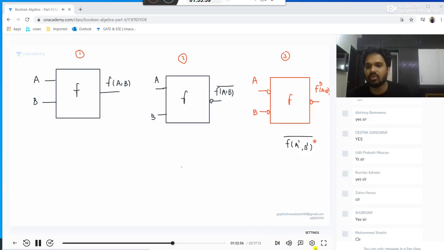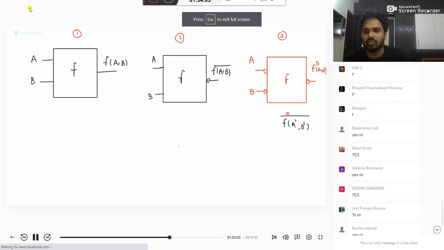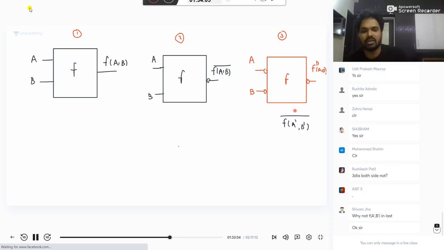This is what we call dual. Shivam, is it clear now? This is what we call dual. Inputs and outputs are complementary.